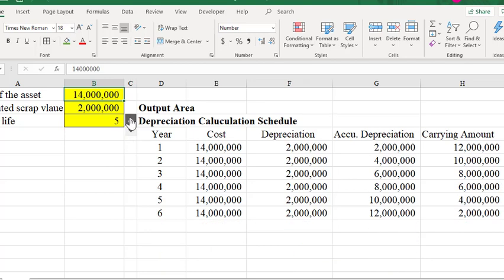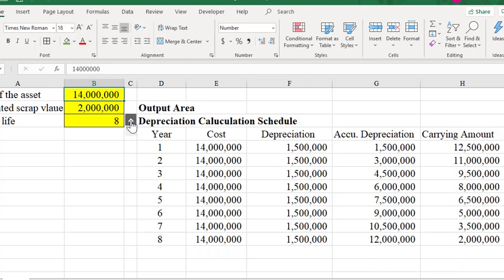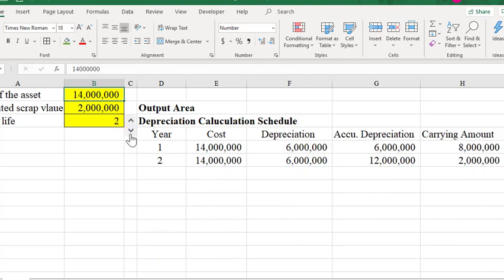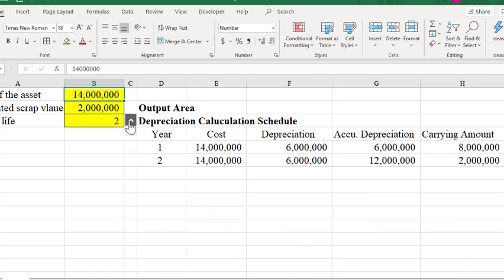You can change this useful life, and as and when you change it, our model automatically computes depreciation for the period. So it's very convenient. This is what we call manipulate.